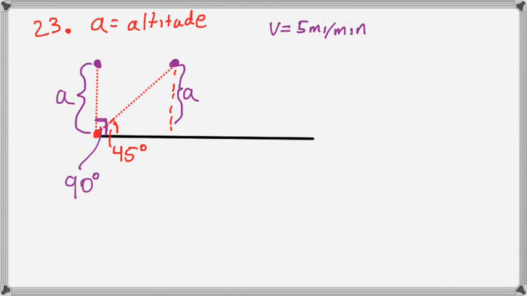And I know that the time between my observations is 1 minute. So if I want to get displacement, or a distance, then I'm going to say distance is equal to velocity, which is 5, times time, which is 1. So my distance will be 5. So this distance up here that my plane actually moved is going to be 5.